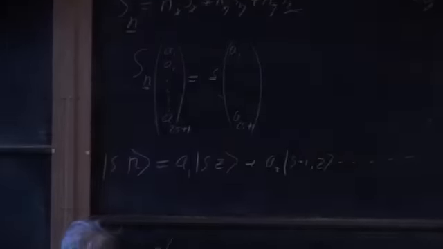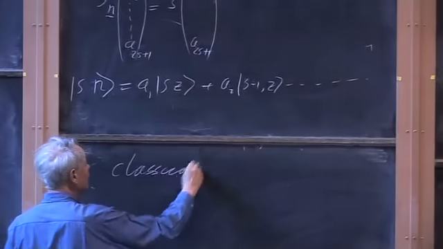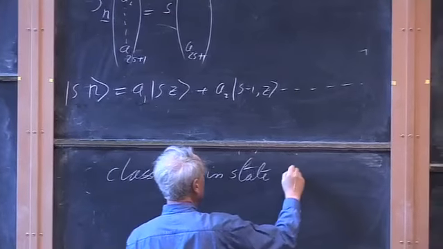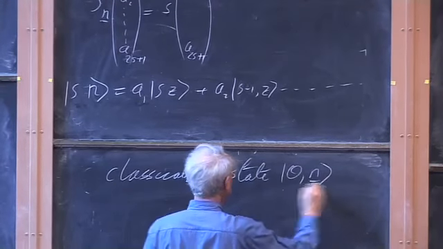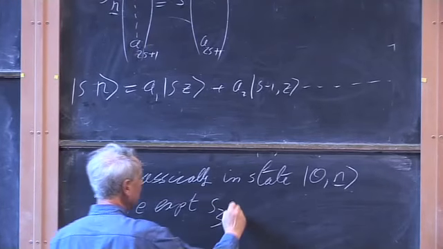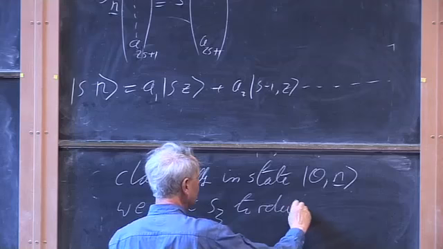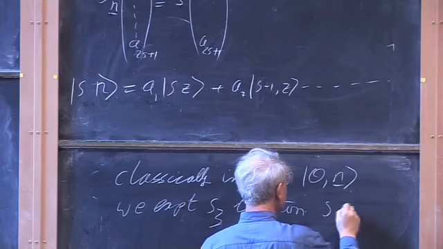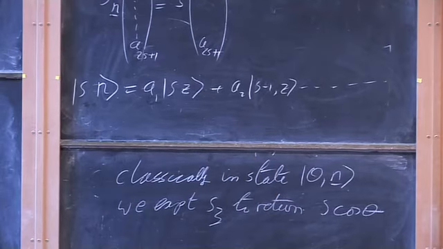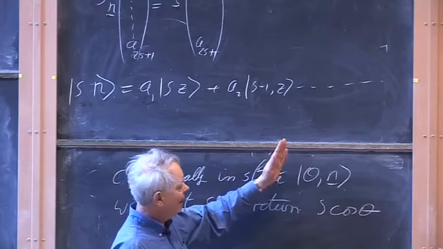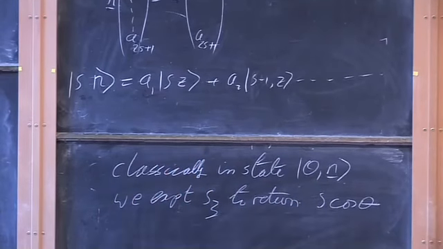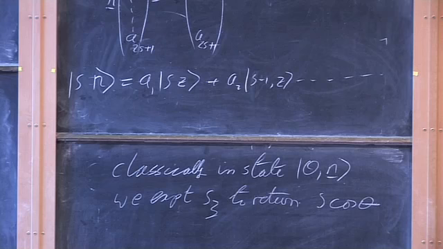So classically, in this state theta n, we expect Sz to return S cos theta. S cos theta is the projection of a vector of length s pointing in the direction of theta. It's the projection of that down the x-axis, down the z-axis, sorry.